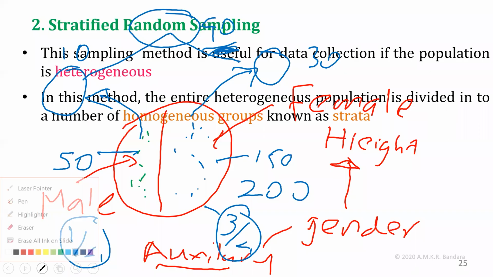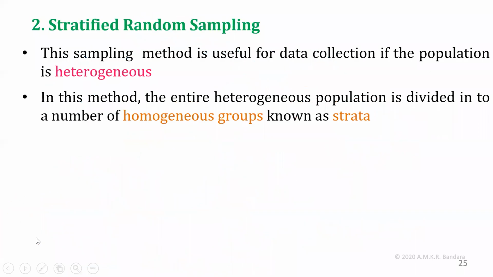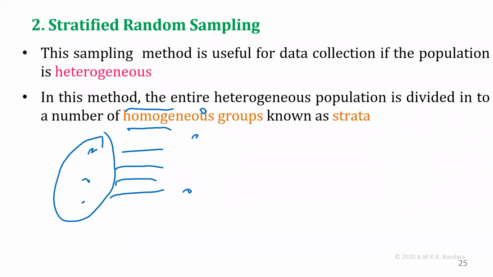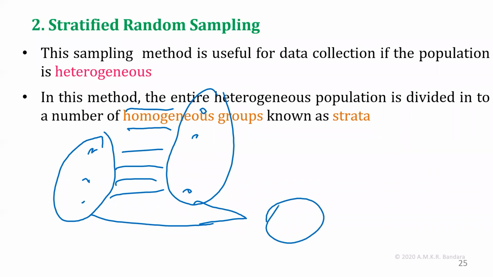So instead of selecting students entirely based on your attendance sheet, first you are identifying males and identifying females, and from these males and females separately selecting students for the sample.